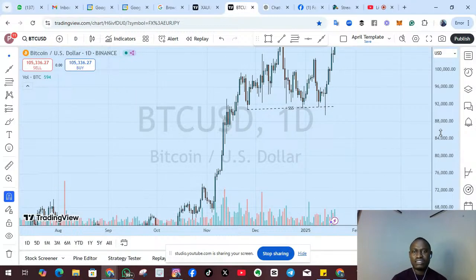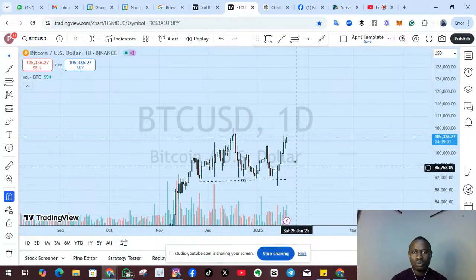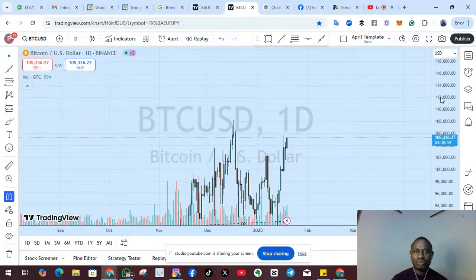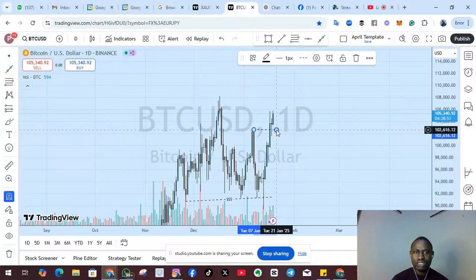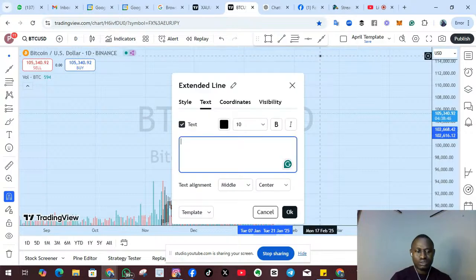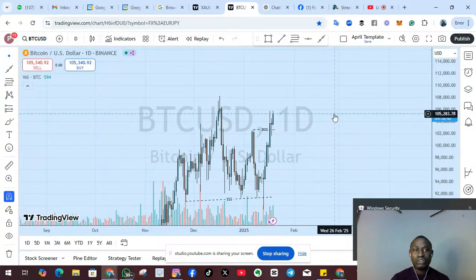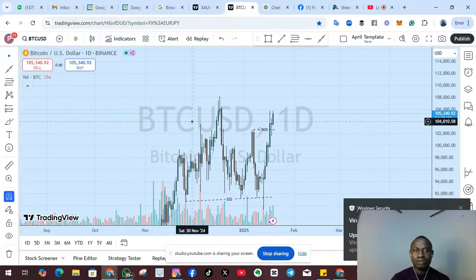And then after that, what did we see? Market shot up. And then after shooting up, just to confirm we are still bullish, we saw a break of structure here, BOS. Can you see that? We saw a break of structure here. So what are we looking for after that?